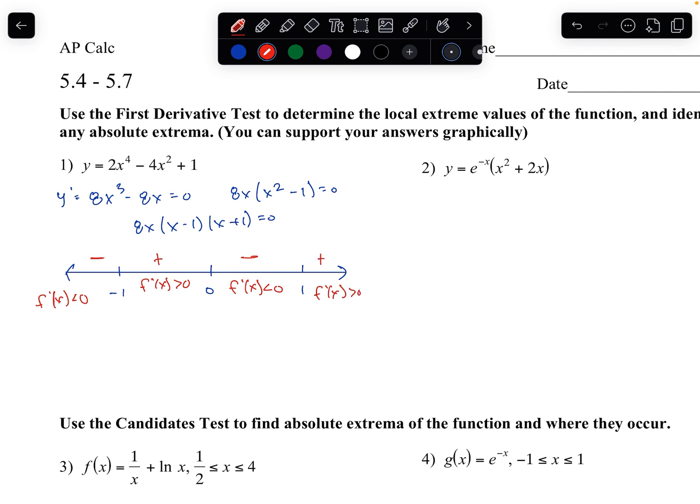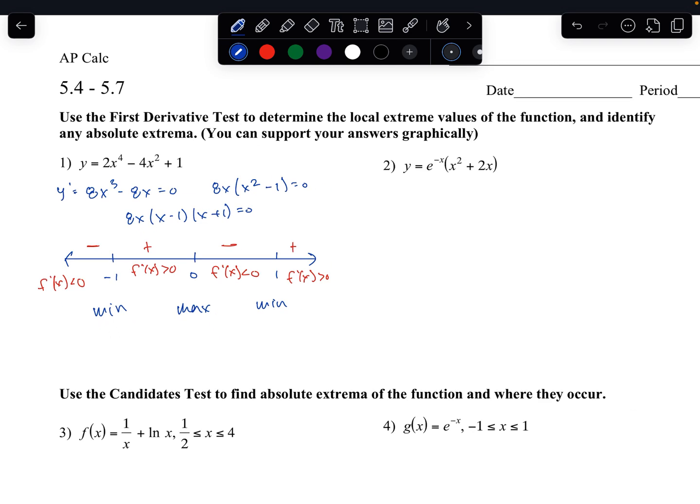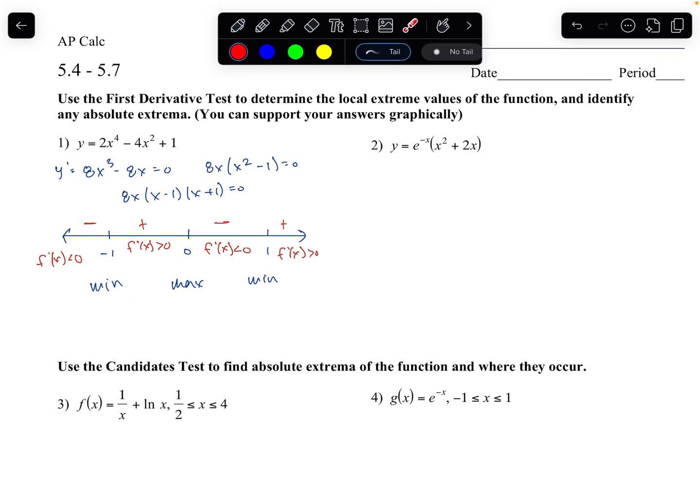And so local extreme values. We're going to have a minimum here at x equals -1, we'll have a maximum here and a minimum here. Now to actually find the actual values, you'd have to plug these values into the function itself.